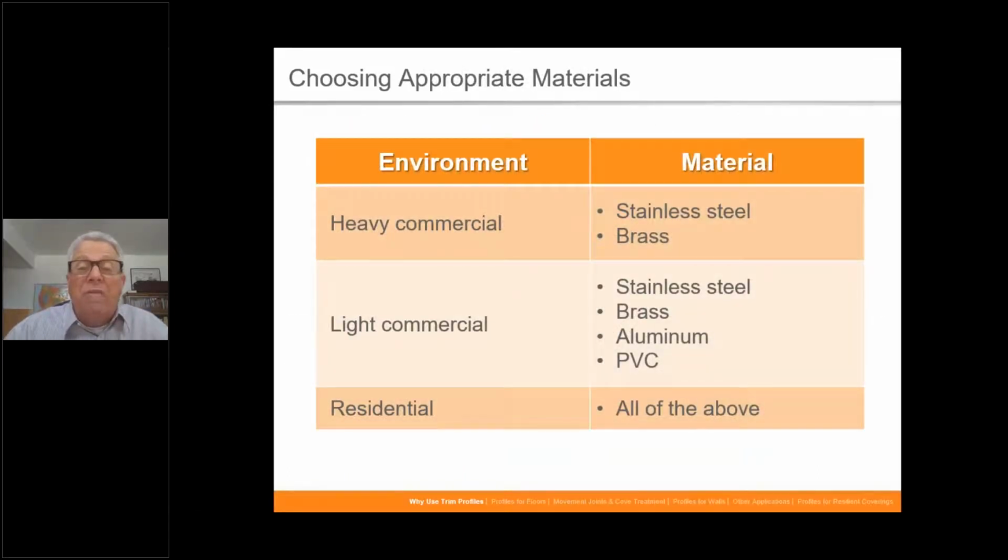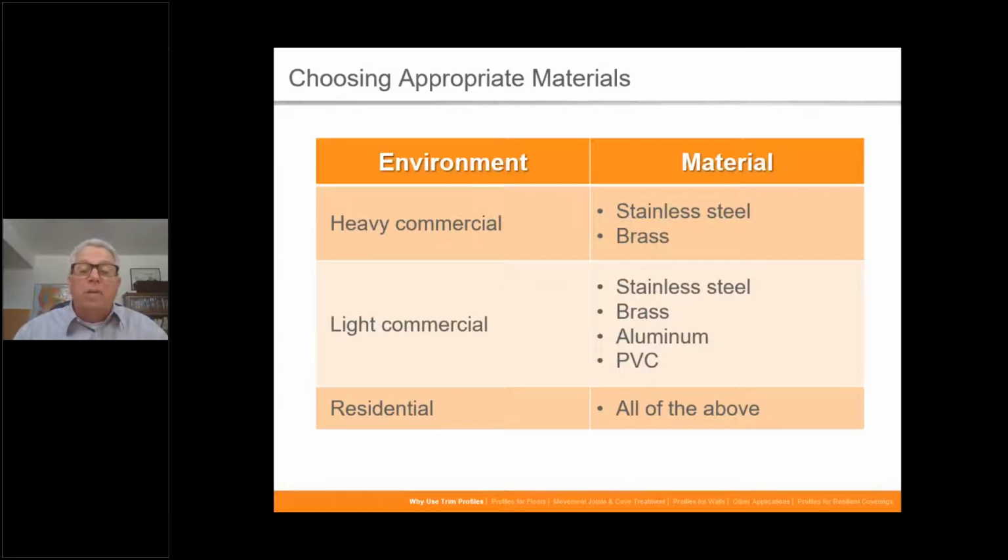Now, what kind of material should you be using in your profile? It's completely contingent on the type of environment that you're placing these things in. And so you can see from the screen here, depending on the environment, if you have a heavy commercial environment, we do make stainless steel and brass. Those are both very durable. And of course, the stainless steel can handle and withstand a lot of cleaning chemicals and caustic materials, that type of thing.